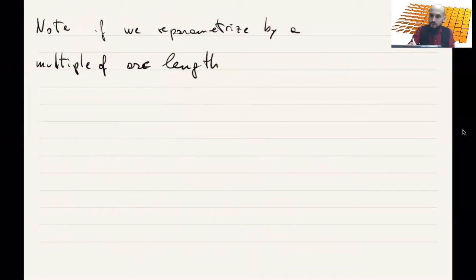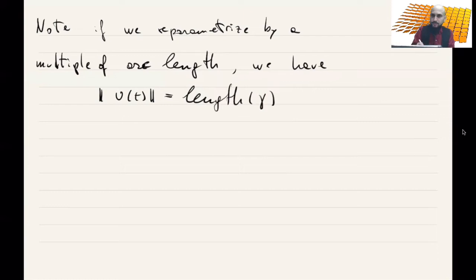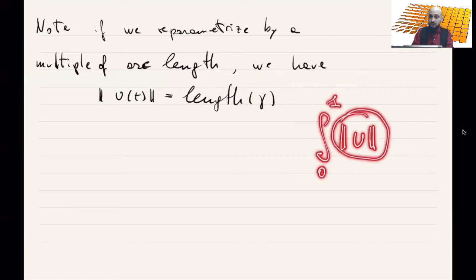What is this multiple? This multiple is exactly the length of the curve. And if we parameterize in this way, then the integral of the norm of u between 0 and 1 gives the length. But now this number is constant.